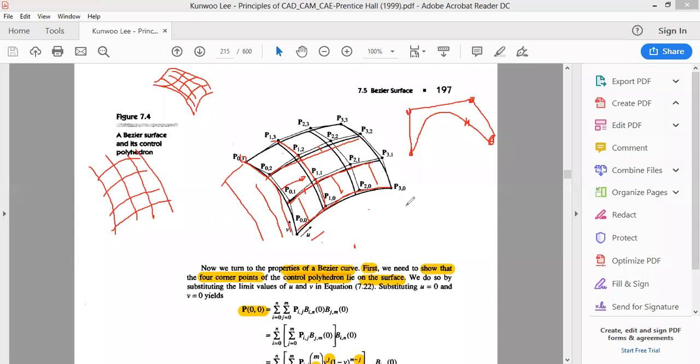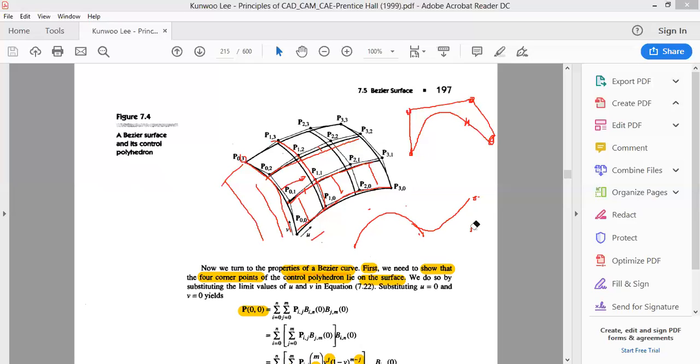Say for example, we have one set of Bezier curve like this, and we have another set, the second set, 1, 2, 3, 4. Then, to join these, if we have the 4 control points here, then the Bezier curve is going to be like this.